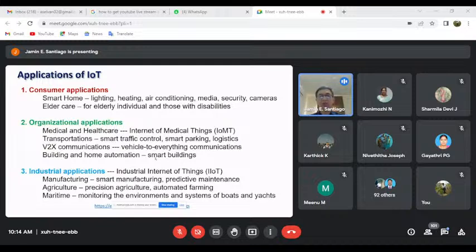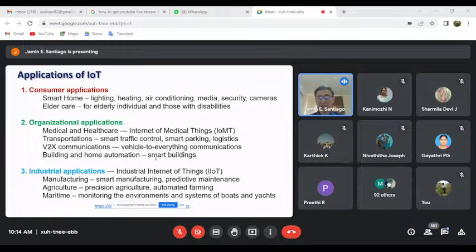Now we have so many technologies that can solve this problem. Now, in the industrial applications, which I believe is the main topic of this faculty development program, we have the industrial Internet of Things. Now, what is the difference with other applications of IoT? The difference is only in the types of devices that are being used, but the main pillars of IoT are the same.